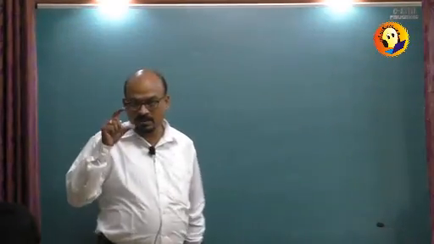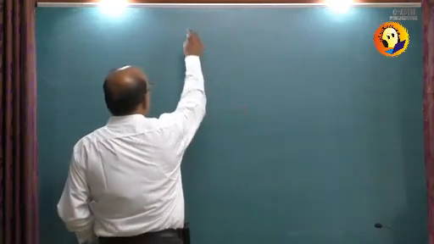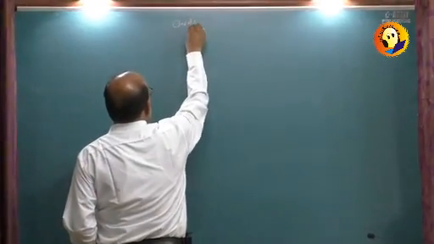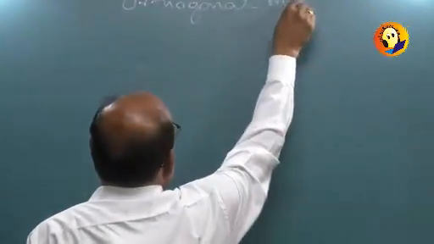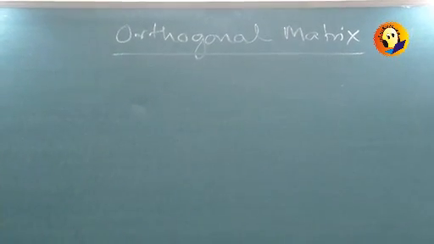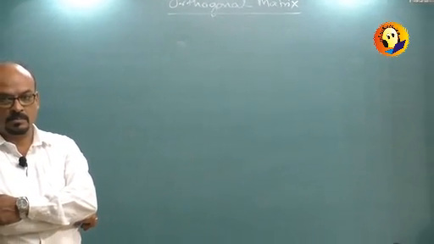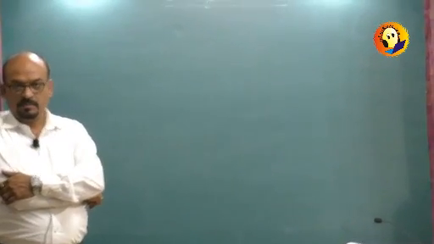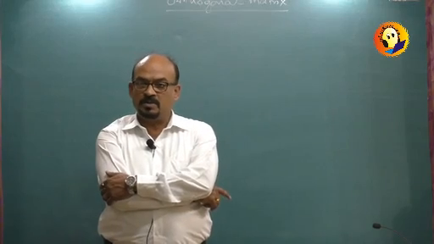Okay, we'll do a small topic. Small topic means just one type of problem: to check whether the matrix is orthogonal. What is an orthogonal matrix? An orthogonal matrix is one whose transpose is its inverse.